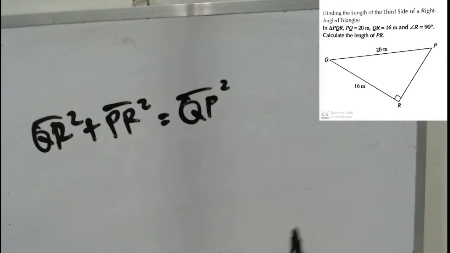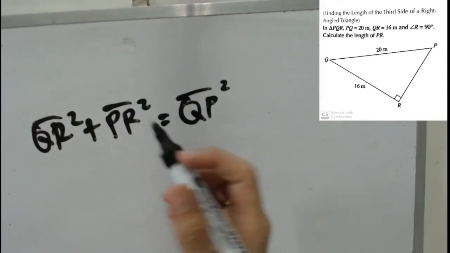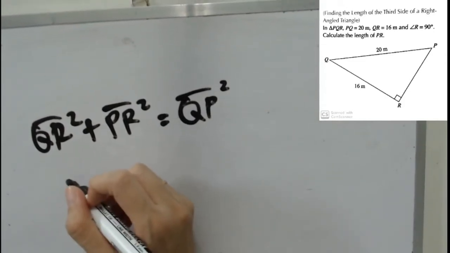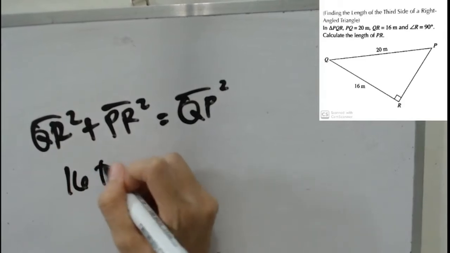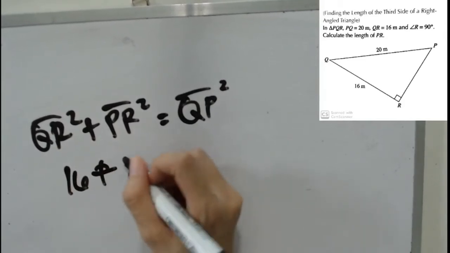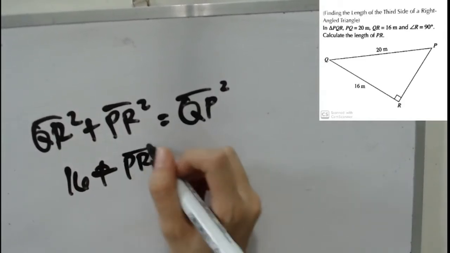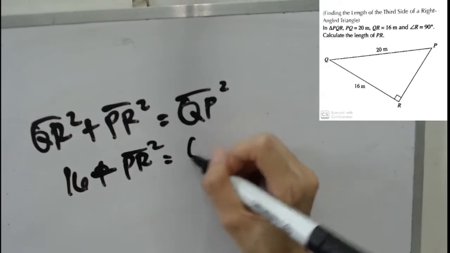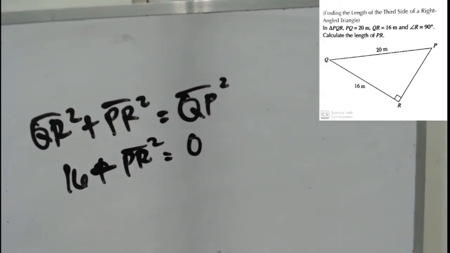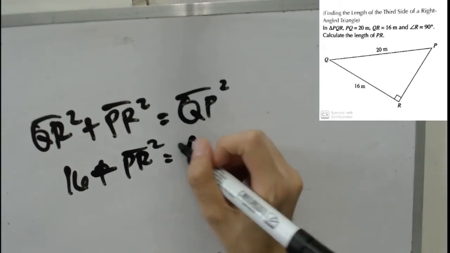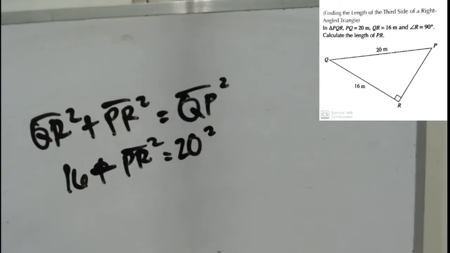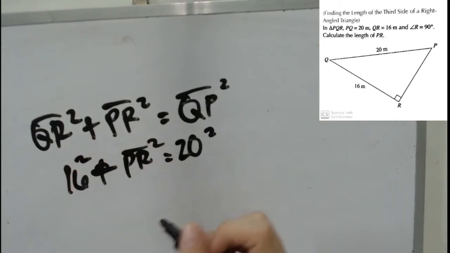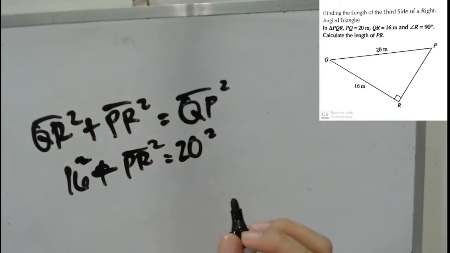So for us to be able to solve this, let's first write the given. QR is 16. PR is missing, PR squared, and QP is 20 squared. So 16 squared plus PR squared is equal to 20 squared.